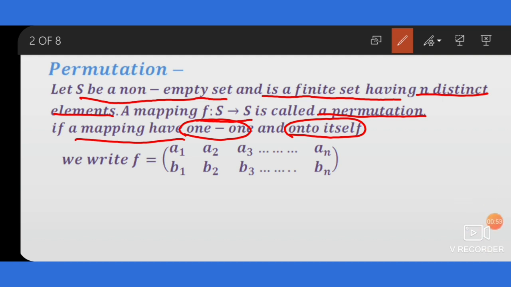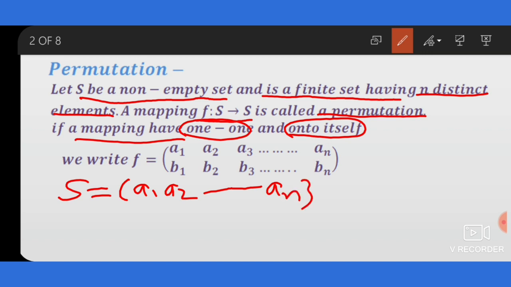Symbol of a permutation. Let S equal to {a1, a2, and so on, an} be a finite set having n distinct elements.